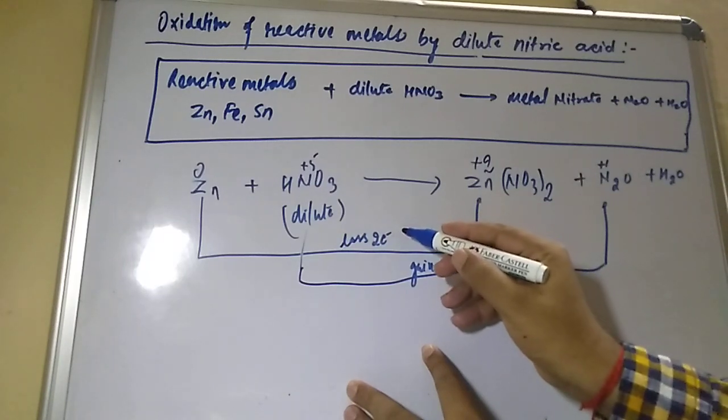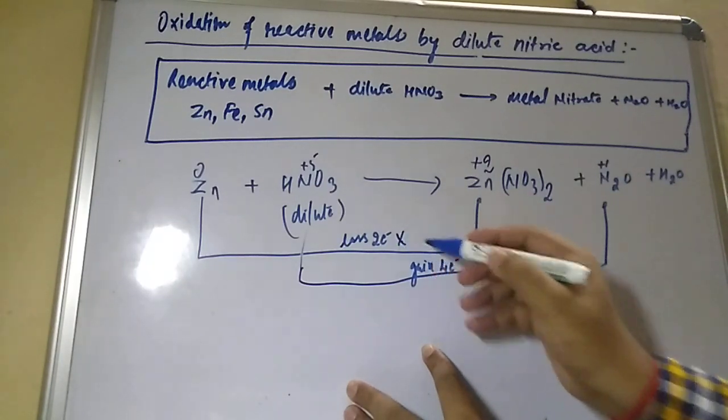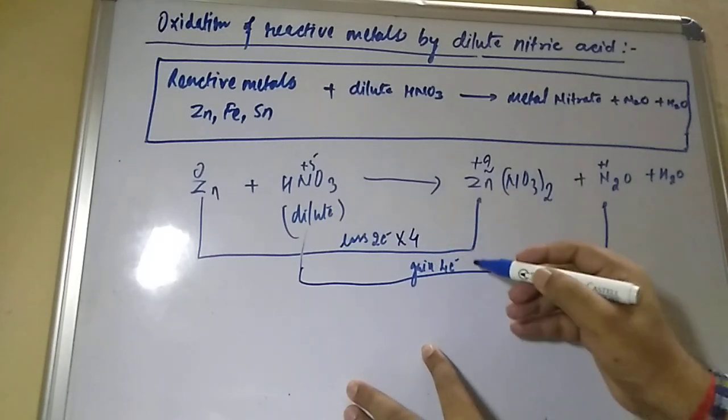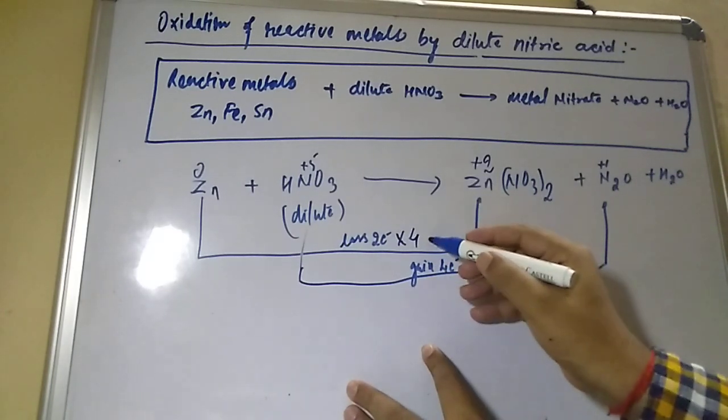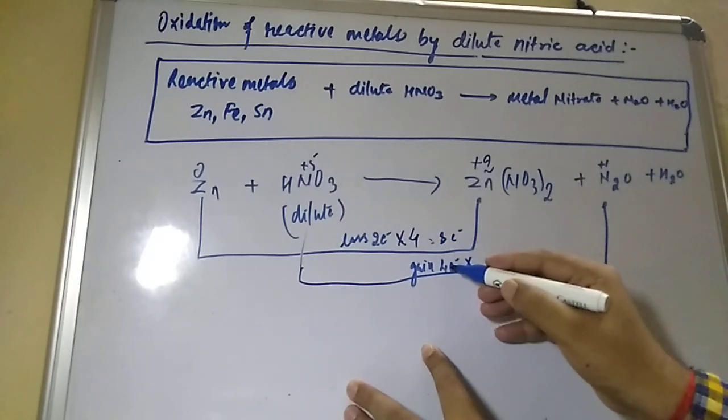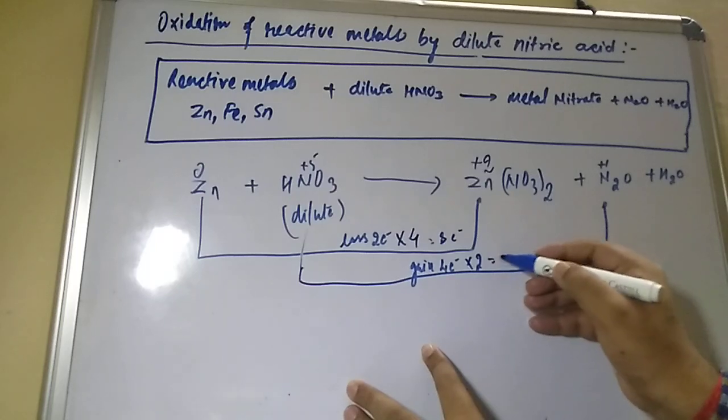If you multiply zinc by 4 and the nitrogen by 2, you will get 8 electrons on each side.